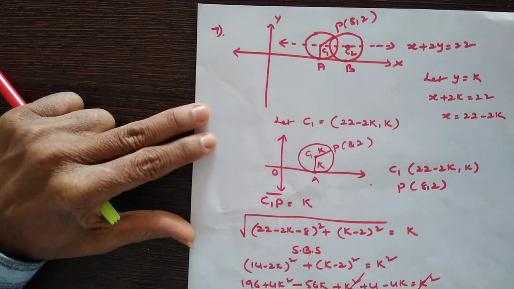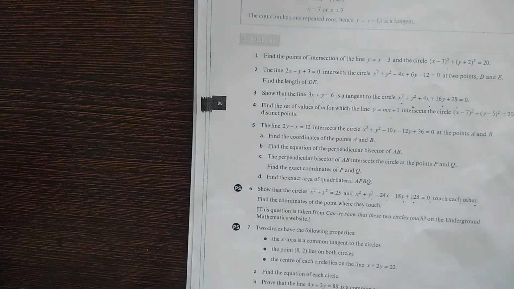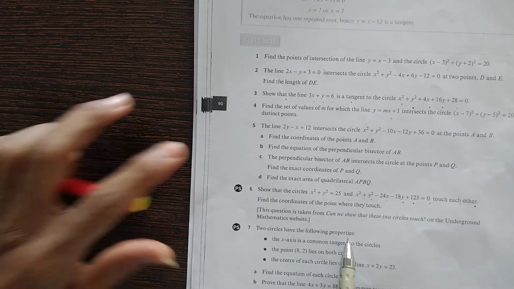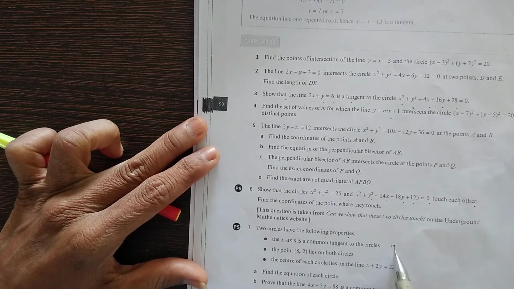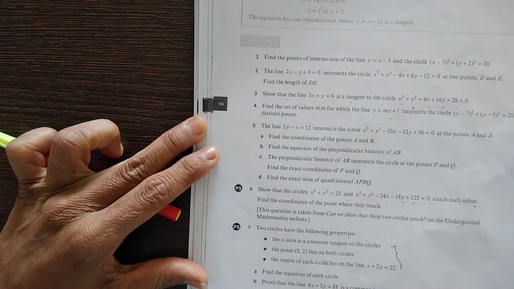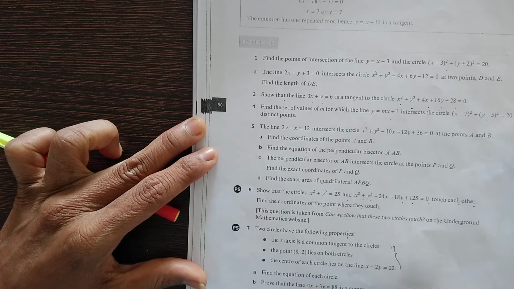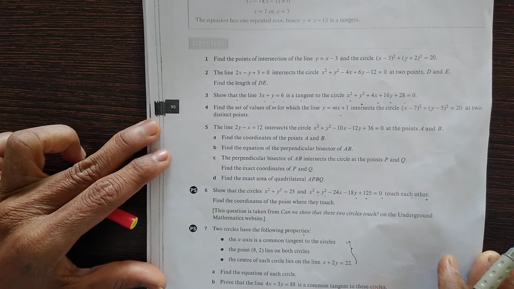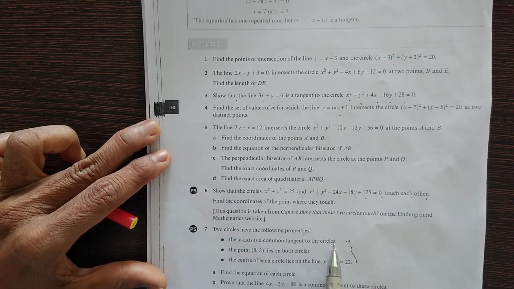The seventh question. What is the seventh question? The seventh question is a little different. They have taken it from the Underground Mathematics website. Now, two circles have the following properties. By applying these three properties, we have to find the equation of the circle. The x-axis is a common tangent to the circles.